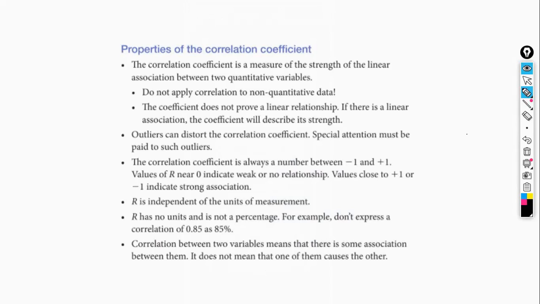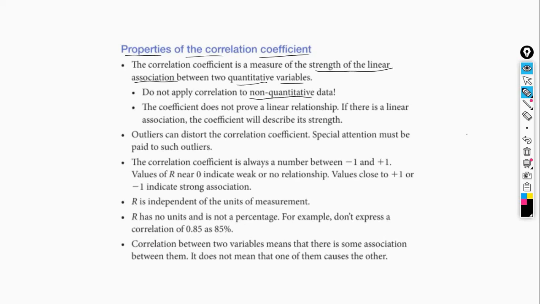So now we're going to take a look at some properties of the correlation coefficient. The correlation coefficient is a measure of the strength of the linear association between two quantitative variables. Do not apply correlation to non-quantitative data. Well, this is obvious, right? It won't work with qualitative data.